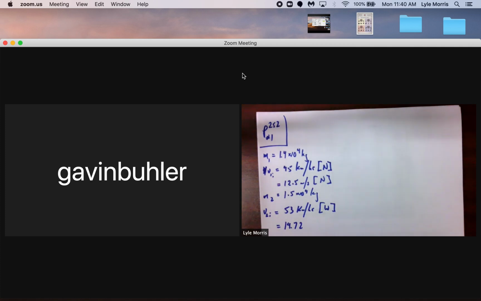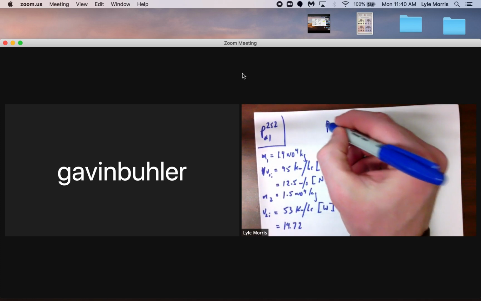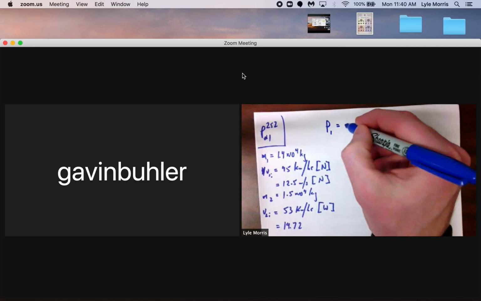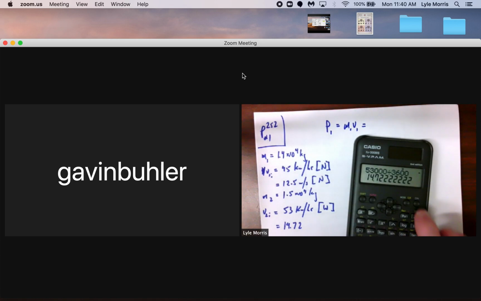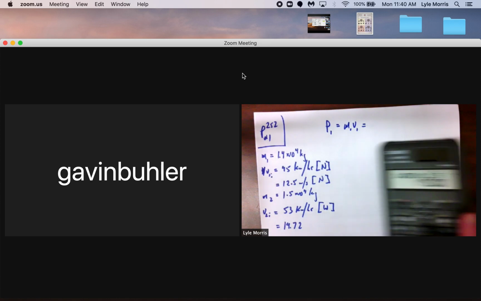Okay, so we've got M1, V1, and so on. Calculate the final velocity. Okay, so let's figure out the momentum for the first one, which is M1 times V1, which equals 14,000 times 12.5, 175,000.